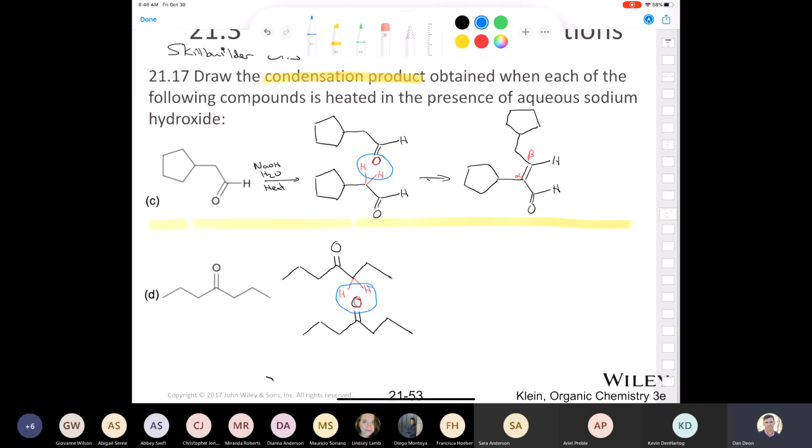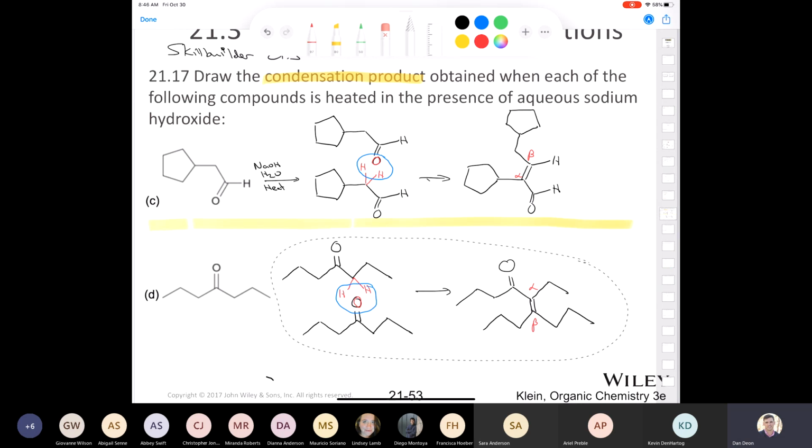And so what you end up with as a product is this. You have 1, 2, 3, 4, 5, 6, 7. Double bond here. And then you just draw the rest of the other compound. There you have it. You can see again that you have an alpha beta unsaturated ketone in this case.